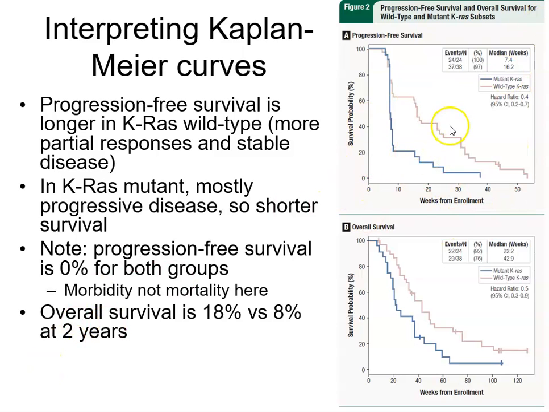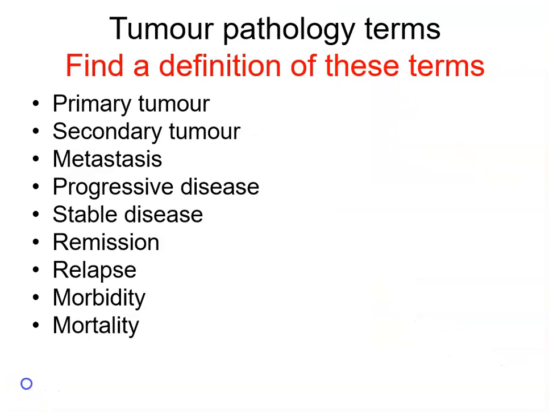What we see in this situation is that the KRAS mutant are undergoing both progression-free survival and decreases in overall survival quicker than the wild type, suggesting that the mutant KRAS group have a poorer prognosis. So that's what we're trying to illustrate here. Understanding these graphs, in blue, your mutant KRAS have a poorer prognosis than the wild type KRASs in this particular therapeutic situation. Okay, so we've covered quite a lot of stuff here.